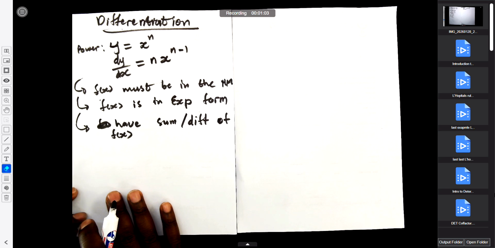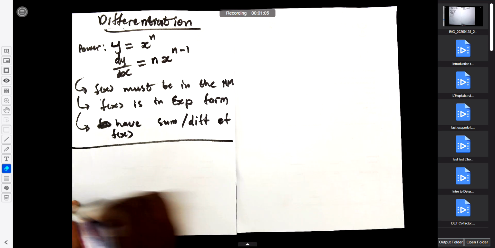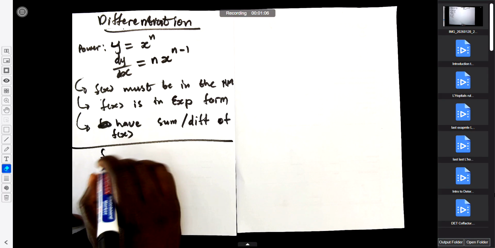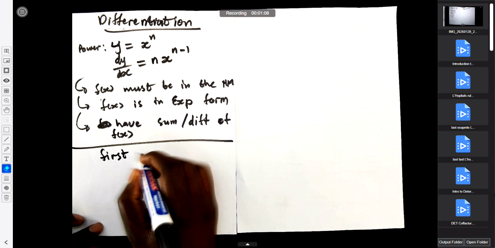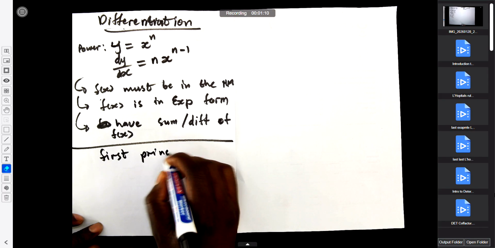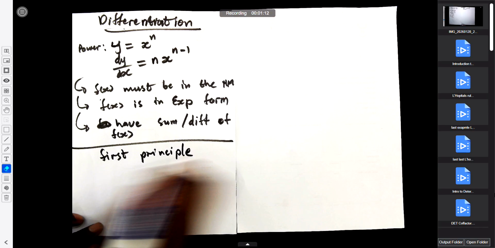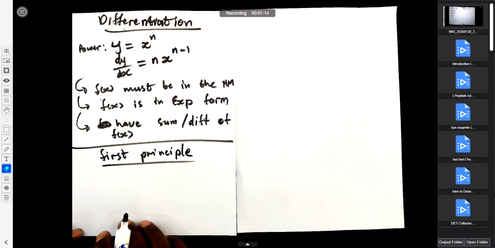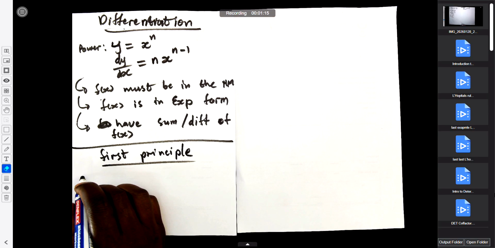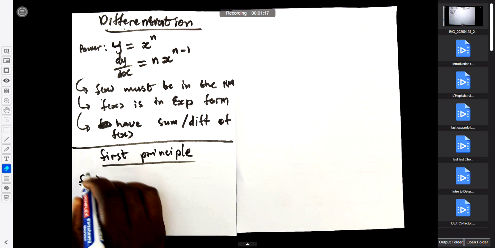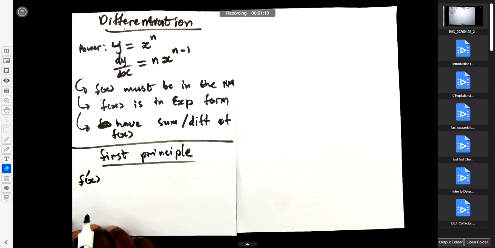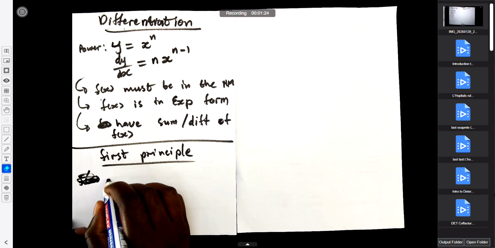So again, there's a rule that you need to recall, which is the first principle. So, when we have f of x with derivative of x, let me use y.